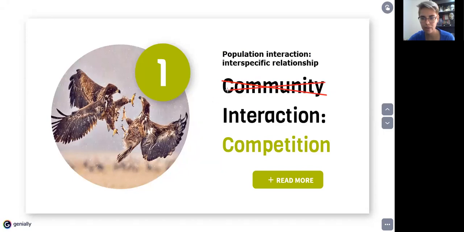Okay, so the first type of interaction that we find here is competition. They compete. We're saying they need to find shelter, and they need to find food, and well, most of the time these types of interactions in animals are because they're trying to find a female. Most of them fight between males.